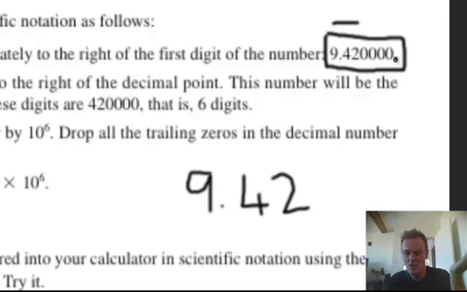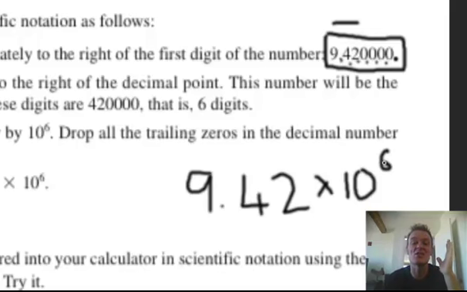So I'm going to go 1, 2, 3, 4, 5, 6 places, okay, to get it to 9.42. So that's why that is a 6. I'm moving it 6 places to the left, okay? So they might explain it a little bit differently, but I just think of how many places are you moving that decimal point, okay? And that's the exponent.